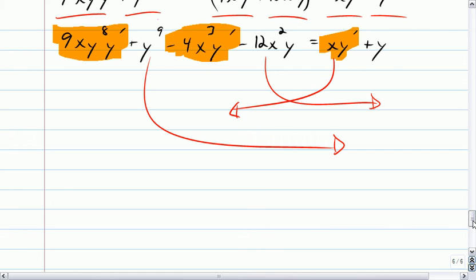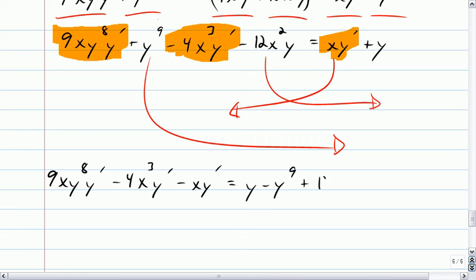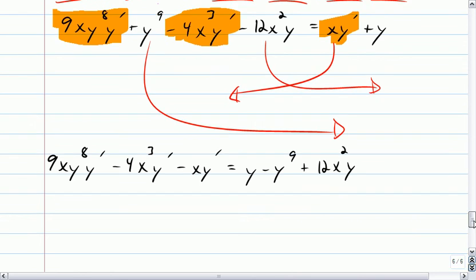If it were negative, it's going to become positive. Okay. So I'll just do the left side first. 9x y to the 8th y prime minus 4x cubed y prime minus x y prime equals y minus y to the 9th plus 12x squared y.